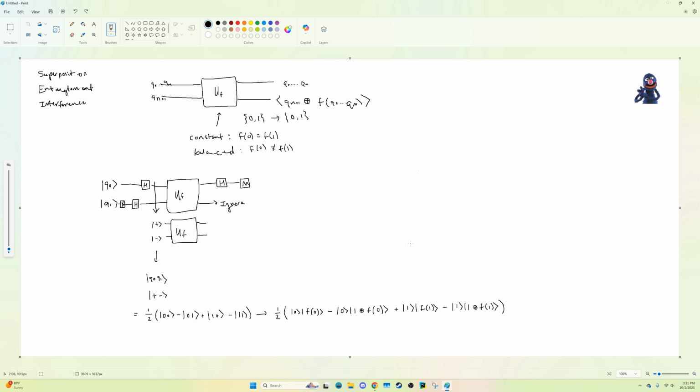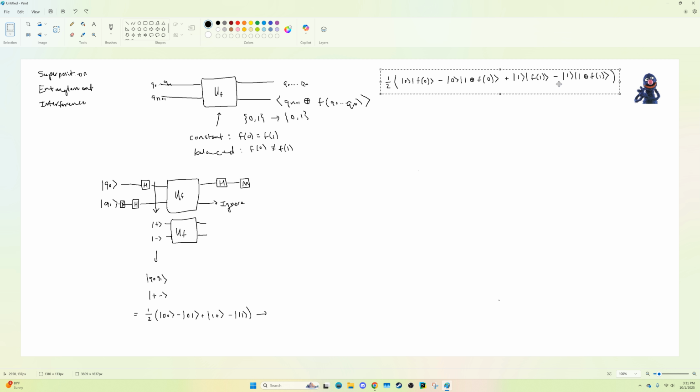So now let's look at two cases. Let's first look at the case where the function is balanced. So I'm going to keep this here. If the function's balanced, then we have f of 0 equals f of 1. And if f of 0 equals f of 1, we can replace everywhere in this top portion.